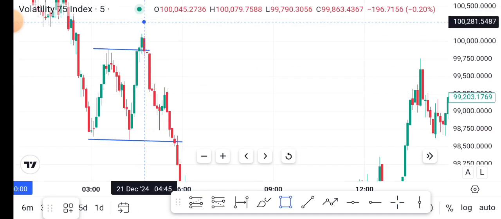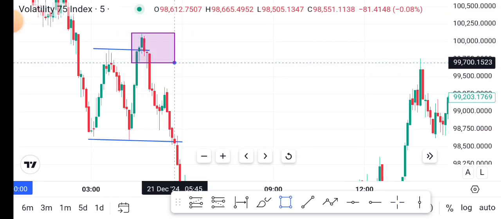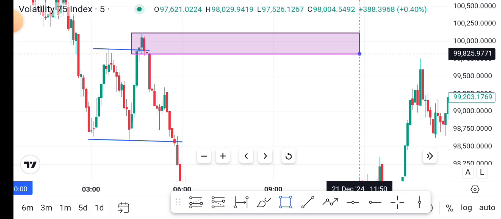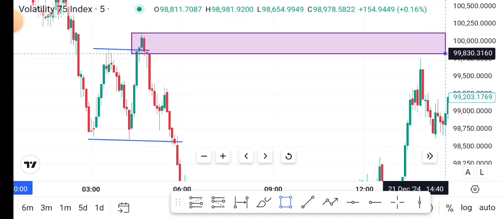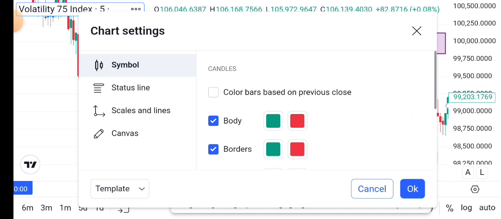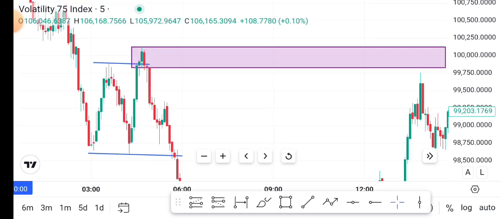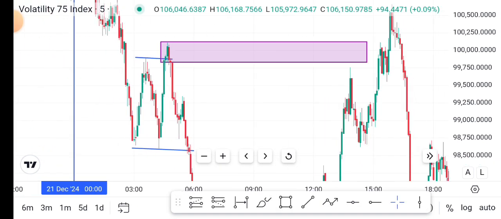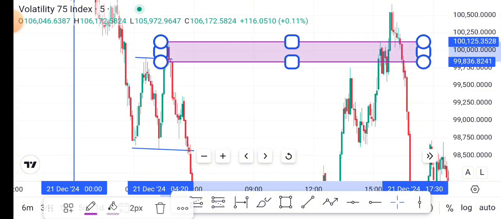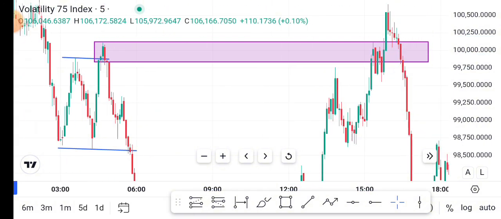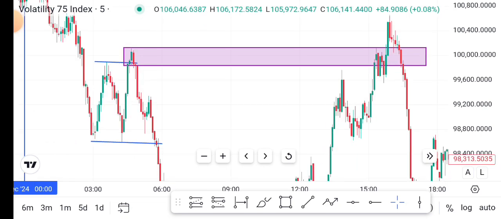So this is going to be our order block, from here to this candle, just the buying candle like that. We put it here, like that. You see? So that is our order block.